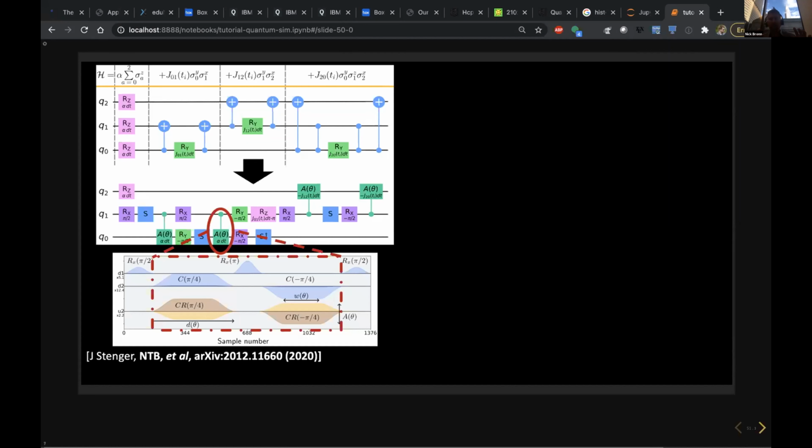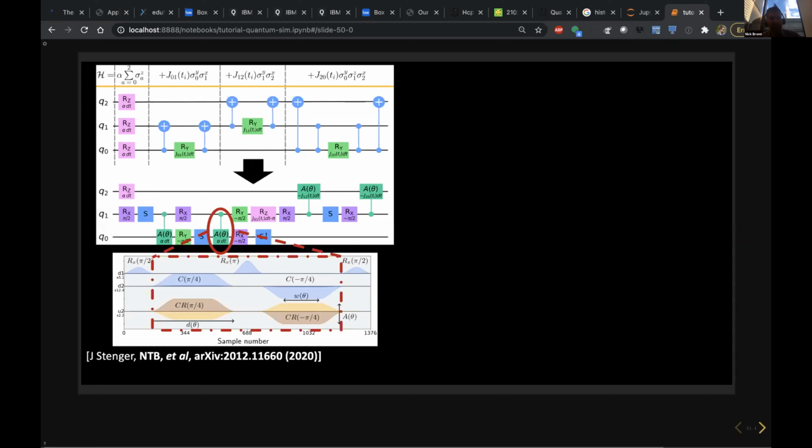This echoed cross resonance consists of the cross resonance, a pi pulse on the control that flips that, and then a minus cross resonance, which gives you the ZX interaction if you were to flip the control back. So if I were to add another pi pulse to the control, it would be exactly equivalent to a ZX theta interaction. But here we did it a little simpler by looking at just the entangler that we needed, which is the echoed cross resonance term.